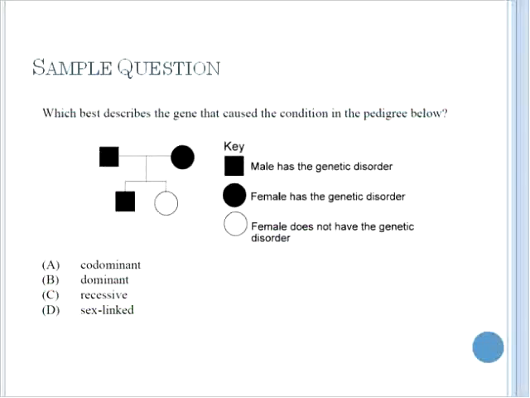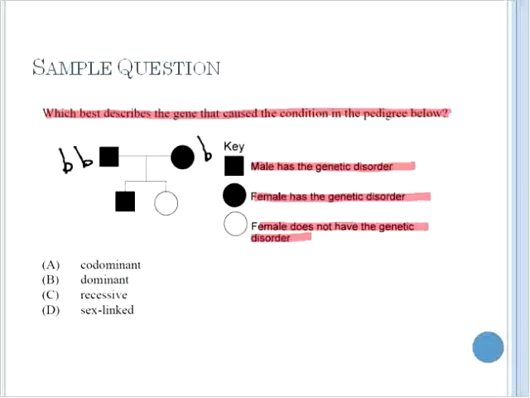And this question here: which best describes the gene that caused the condition in the pedigree below? We're told the male has the disorder, the female has the disorder, and a circle, the female does not have the genetic disorder. Again, if this trait was recessive, both parents would have been recessive themselves. Therefore, they could have only passed on little b's.